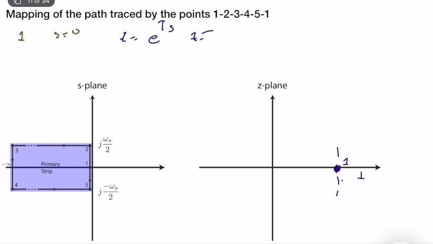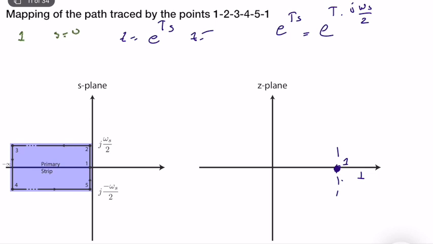So what is 2? e to the power Ts, so e to the power T times j omega s divided by 2. So what is omega s?